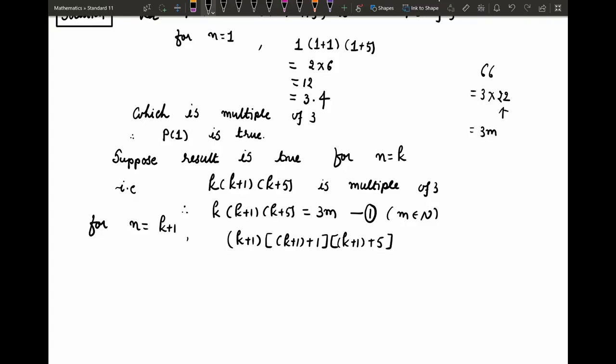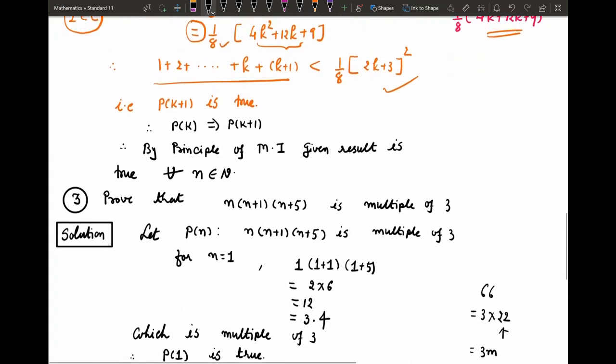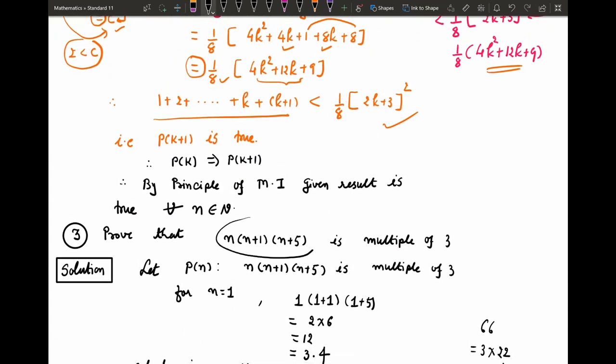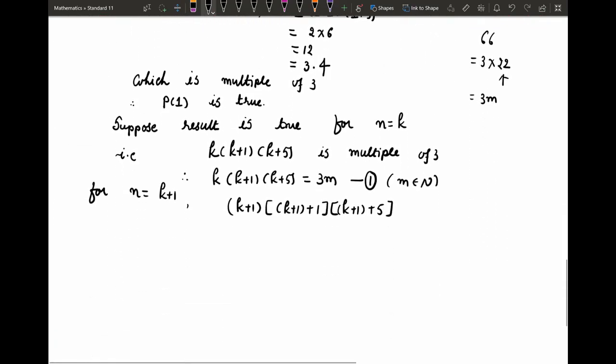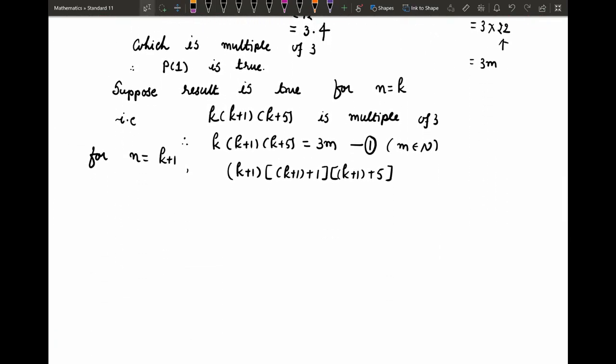So in the given expression we have replaced n by k plus 1, and now we shall have to show that this number is divisible by 3, or 3 is a coefficient, so that we can claim that it is a multiple of 3.